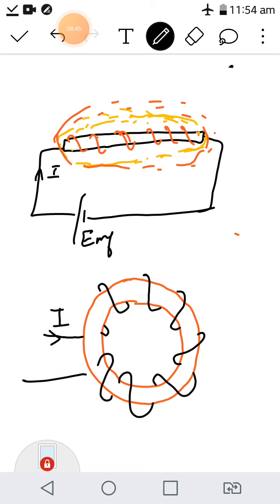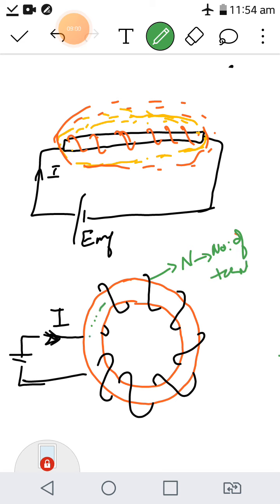With the help of a battery, I am going to supply some current here, and assume that there are n number of turns here, and immediately we can see that the magnetic lines will be formed like this. It forms a closed path, and let L be the mean length of this magnetic circuit.